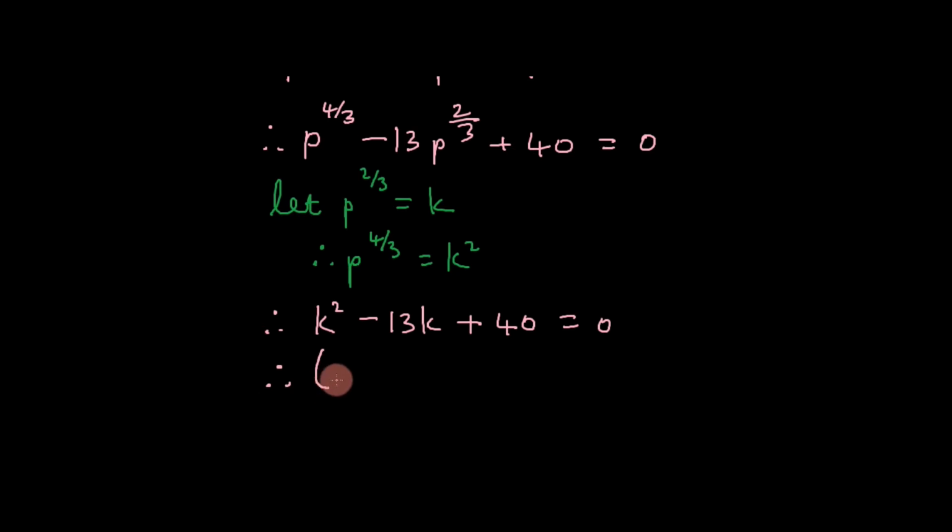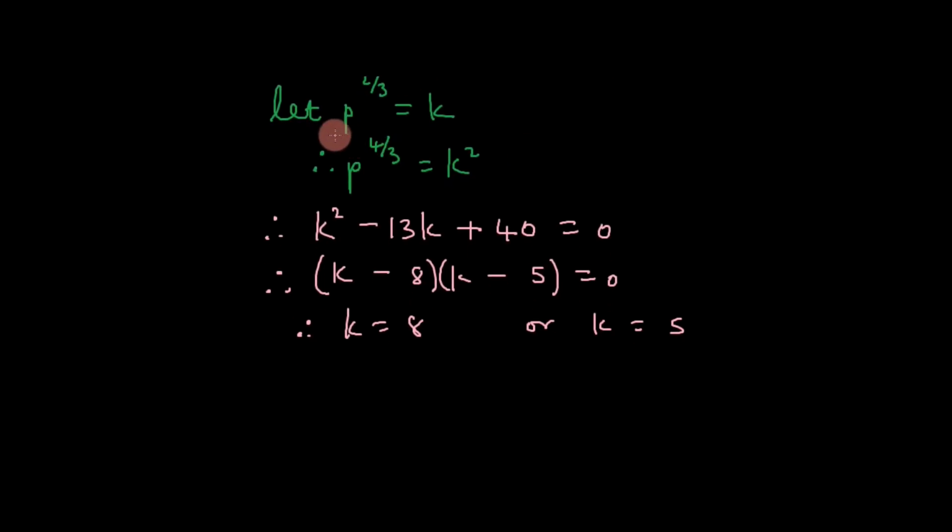Now we can factorize. So k times k and 8 times 5. And we have minuses in both brackets. So in this case, k equals 8 or k equals 5.